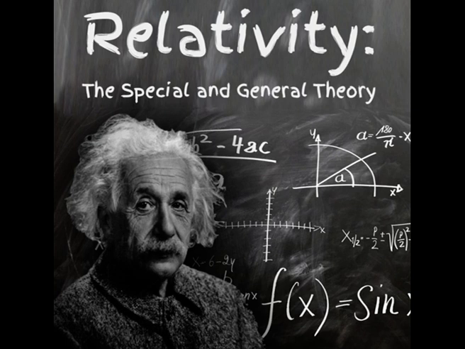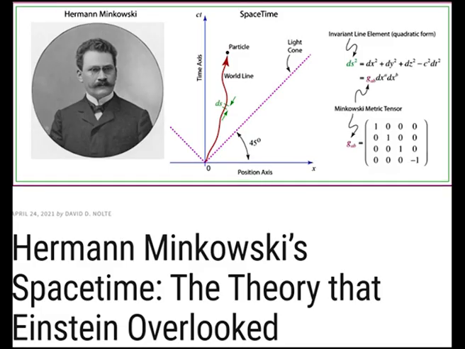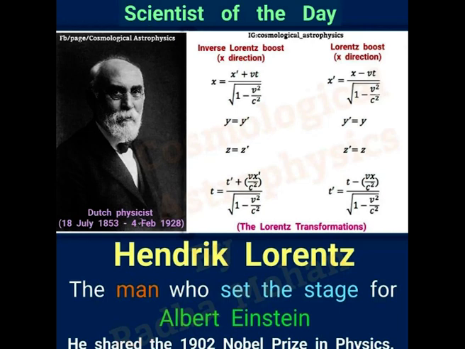Einstein, together with Hermann Minkowski, his teacher, and Hendrik Lorentz, who did all the calculations for the transformations of the electromagnetic field, the three together developed the theory of special relativity, and it was published in 1905.